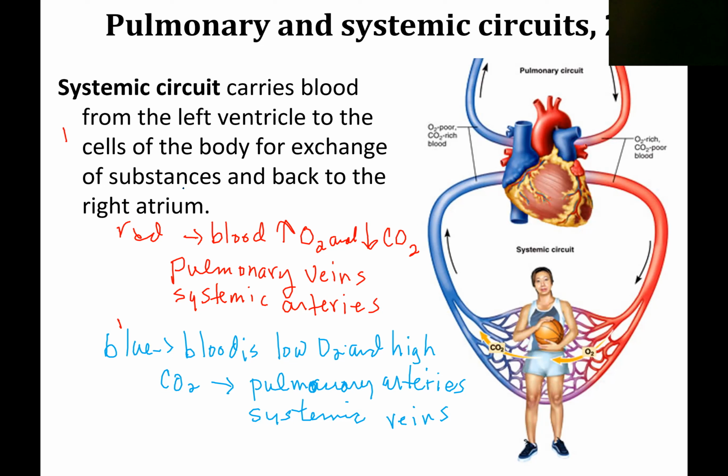There are some specific subdivisions within the systemic circuit that we will take a look at in other parts of this chapter and in the blood vessel chapter, as well as your pathways assignment.